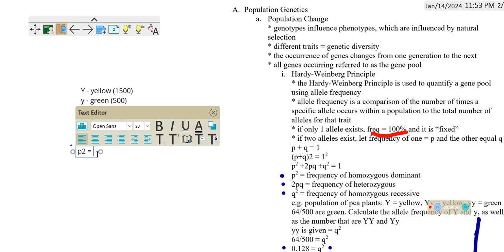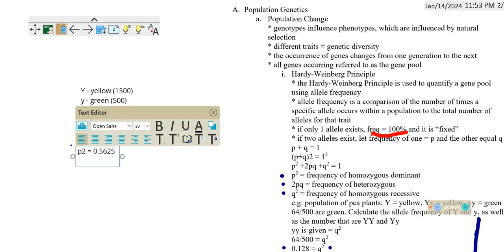It's not that we need a horrendously good calculator, but we do need one. So P times P, 0.75 times 0.75, P squared, tells me that 0.5625 or 56.25% of these organisms are going to be homozygous dominant.